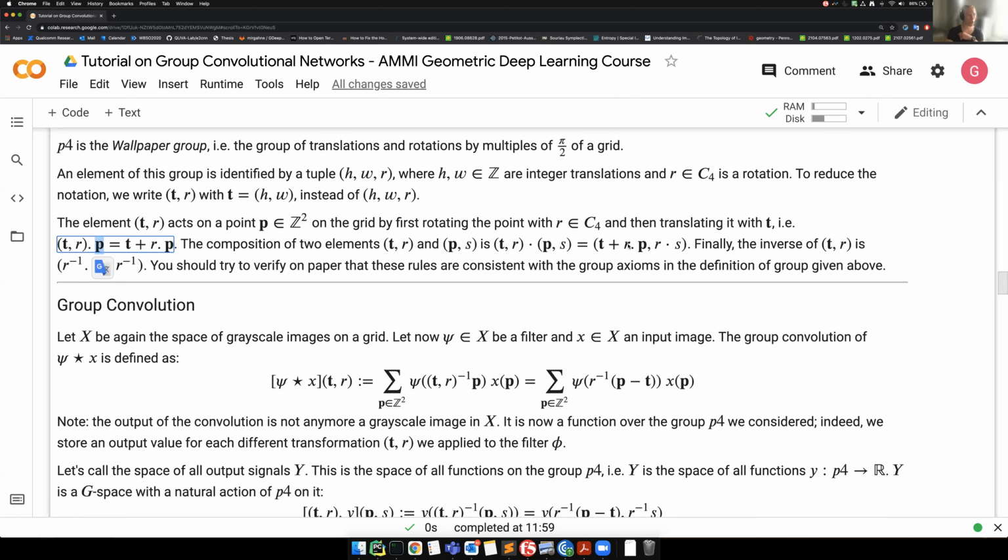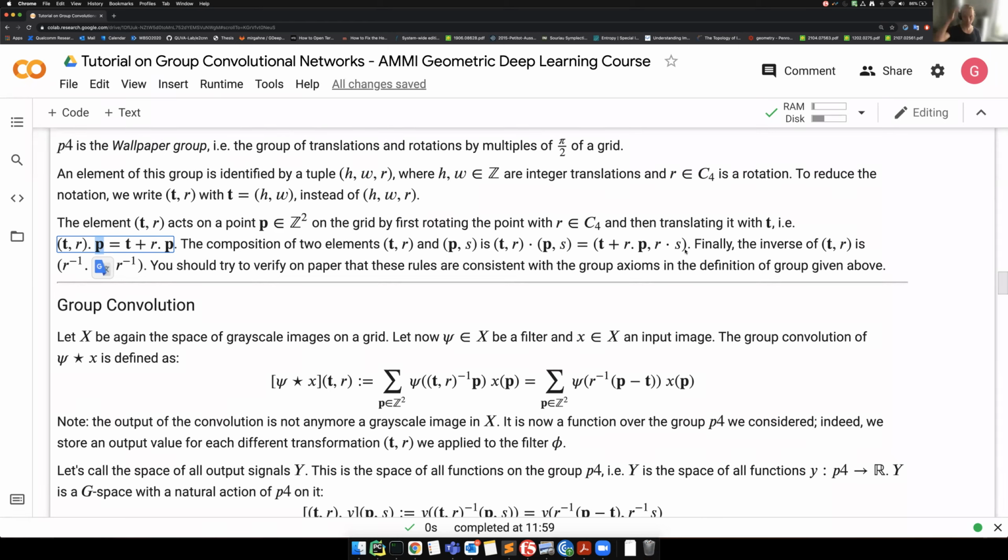So we get first a rotation of the point P, and then you translate it by T. You can actually derive this yourself: I have a point on the plane, I first apply on it this element, and then I apply on the result the other one, and you will see that if you use this equation, you're going to simplify and combine elements until you get this result.